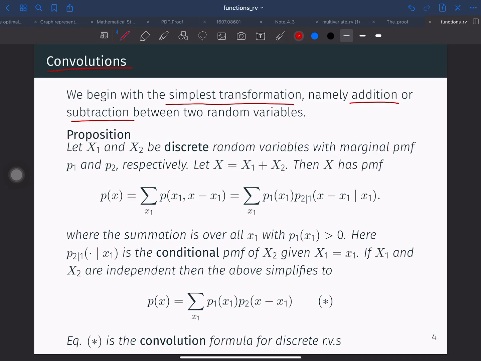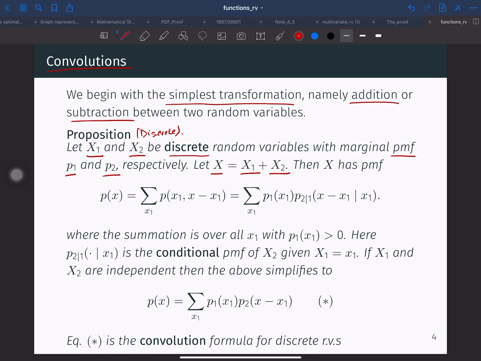We first discuss the result in the case of discrete, and then we see that the similar result can be extended to the case of continuous. So I have x1 and x2. They are discrete random variables, and suppose I have the marginal PMFs, P1 and P2. Now I consider x, which is just x1 added to x2.